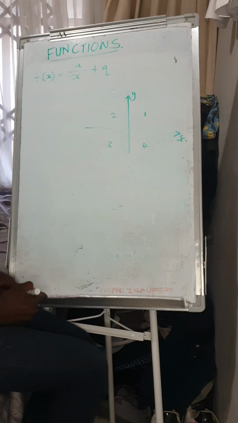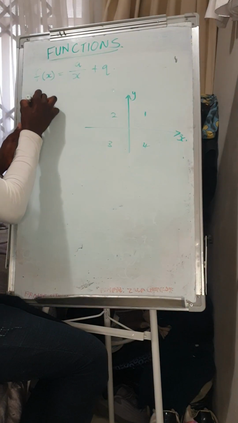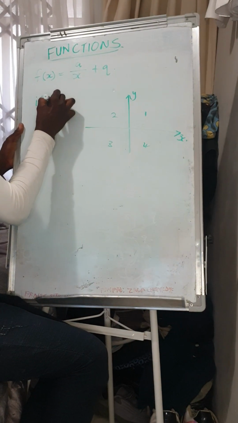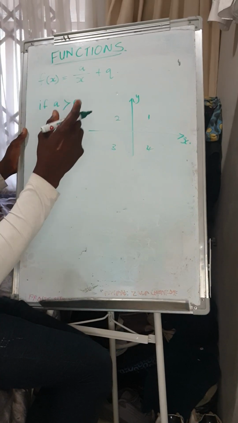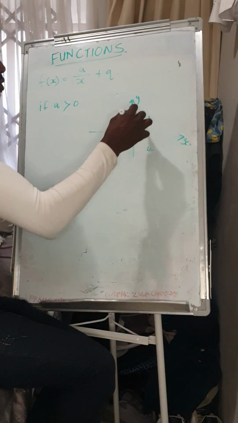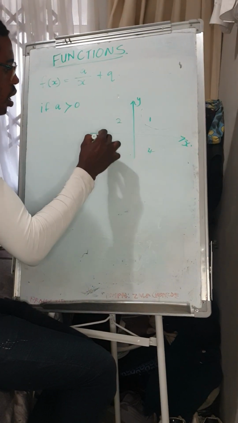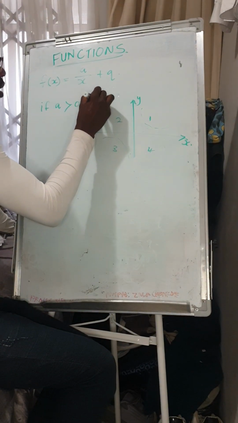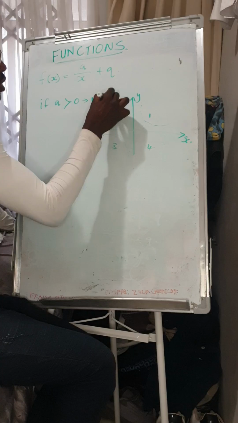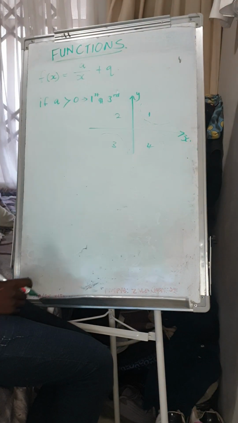So with the A, if A is greater than 0, which means we'll have this one on the first and third quadrant, right?